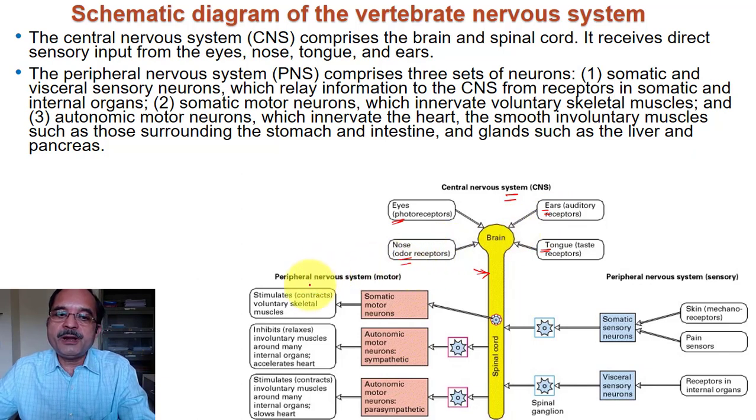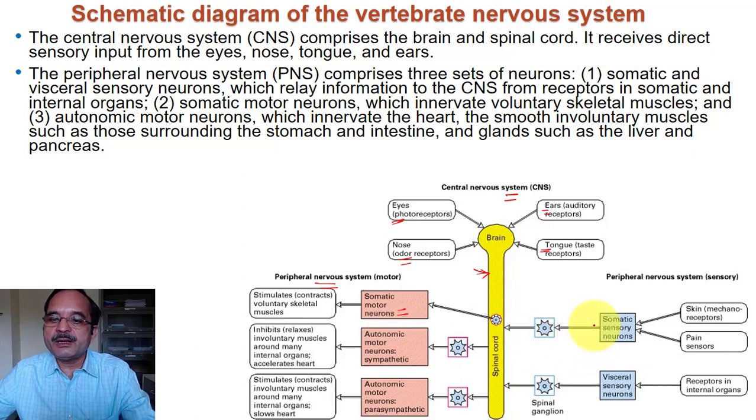Then the peripheral nervous system consists of sets of neurons. There are somatic sensory neurons, which relay information to the central nervous system from receptors in somatic and internal organs. Then there are somatic motor neurons.